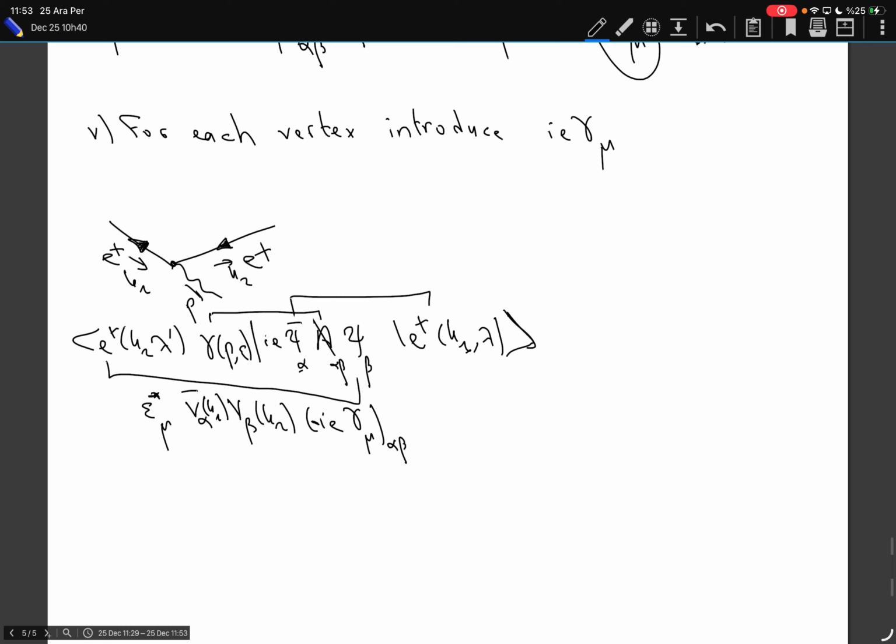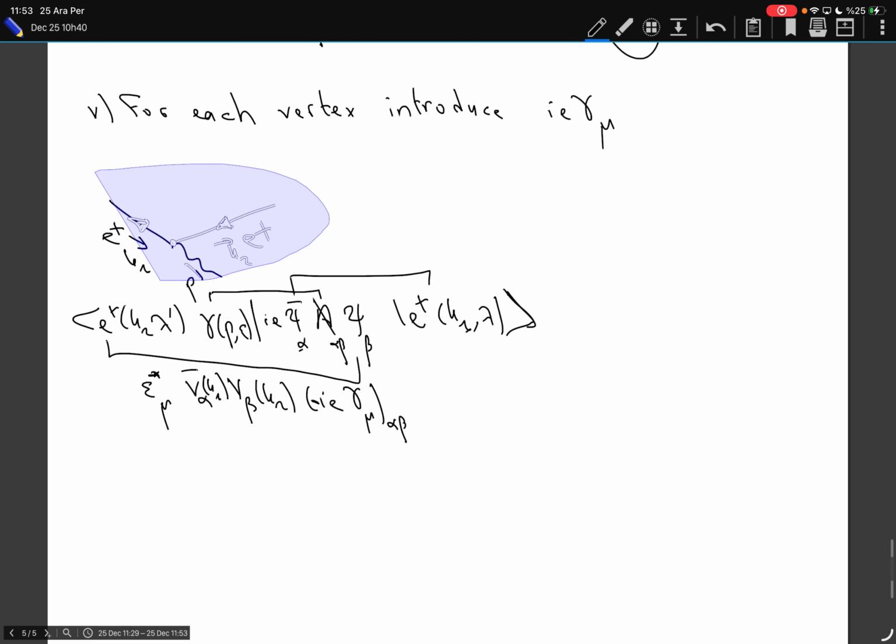And again, if you look at this line, what is the end of that line? Well, the end is here. So since it's a positron, I have a V bar, K1. I go backwards along the line, backwards in the sense of particle flow. I reach the vertex. In the vertex, I have I times the charge of the particle times gamma mu.